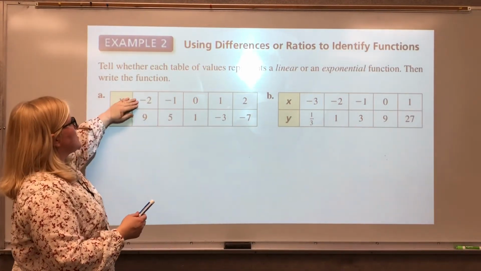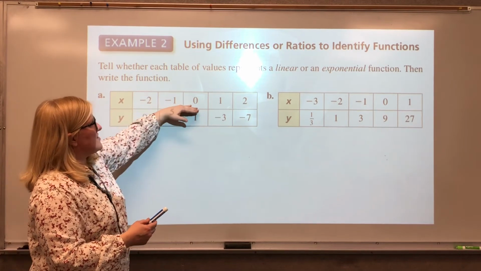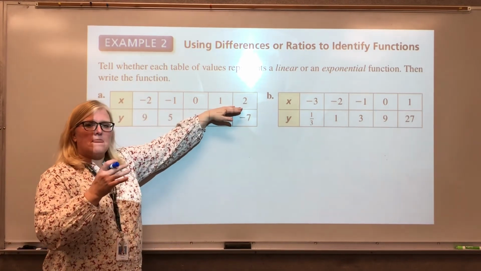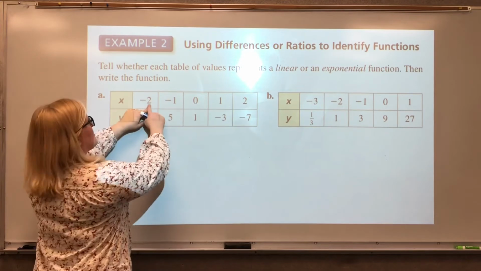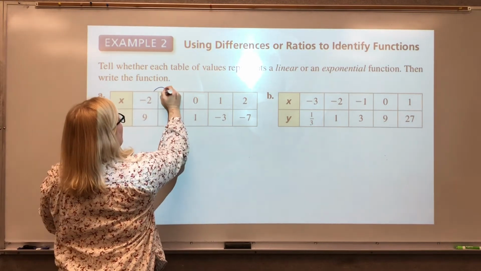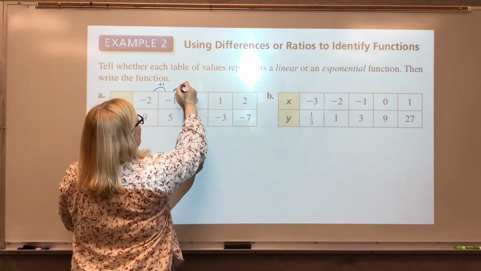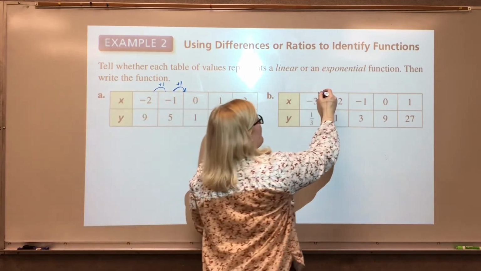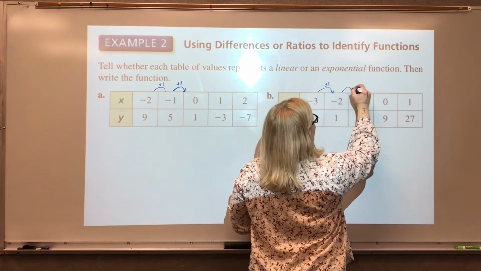So we've got -2, -1, 0, 1, 2. So when I said that they're separated by the same thing, they're just by 1, right? This is by 1 every time. And over here too. And that's the case for both exponential and linear.